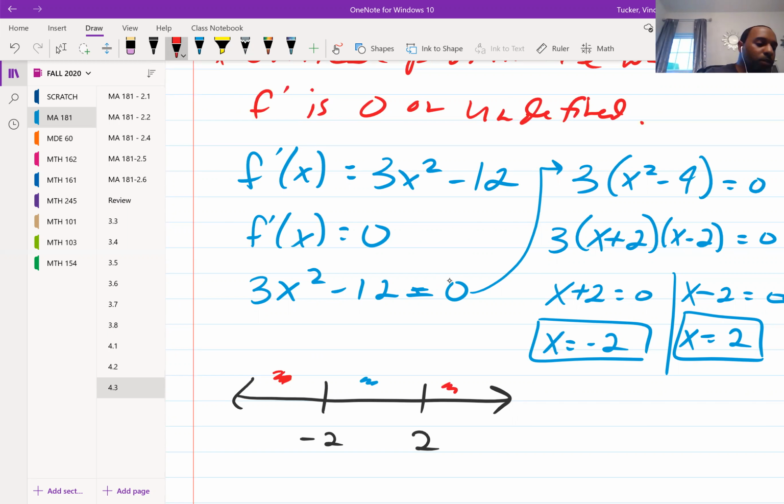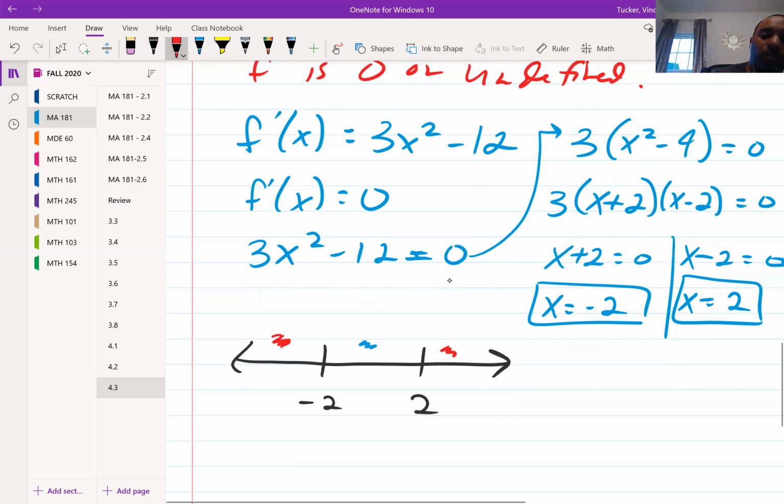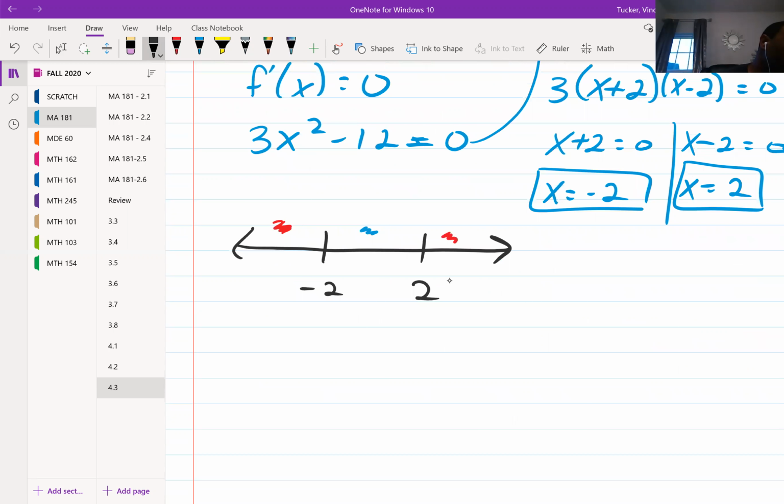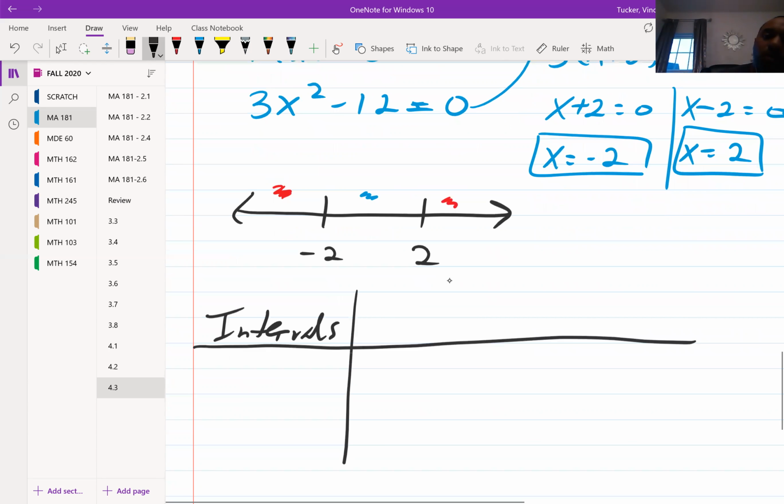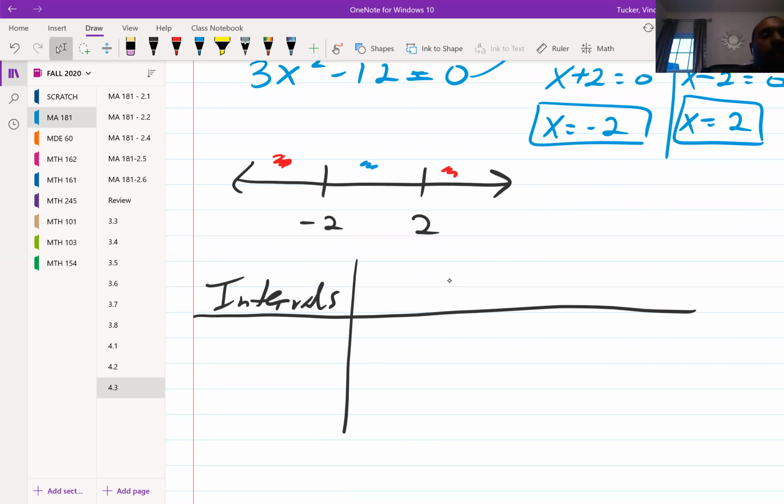So we have these intervals here. Got our intervals.